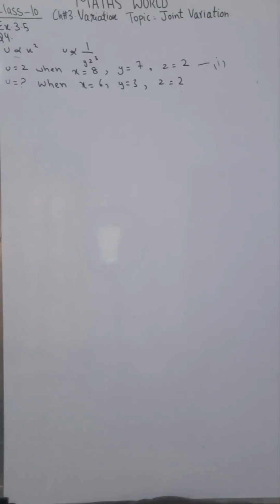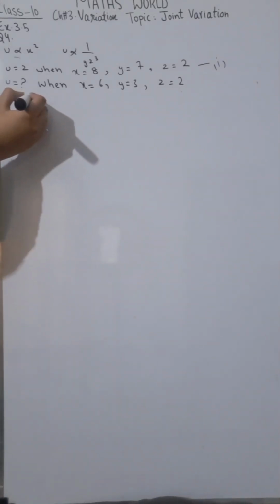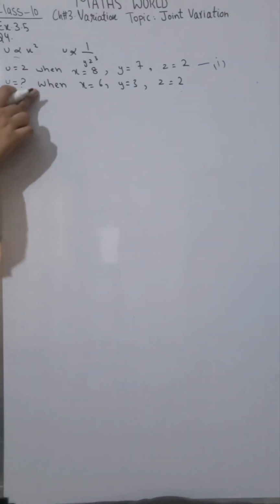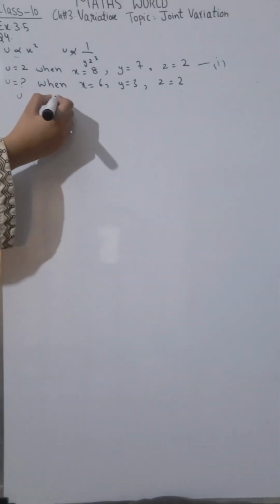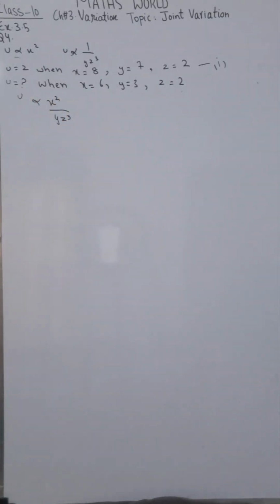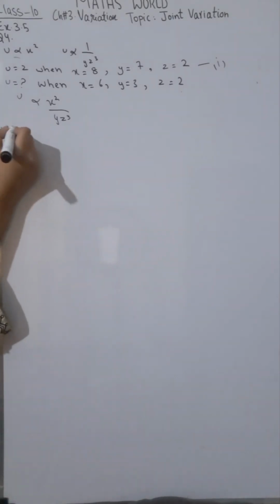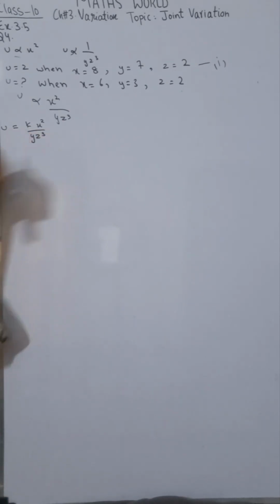For joint variation, you can write it like this: u is proportional to x square divided by y z cube. So u is equal to k x square over y z cube.